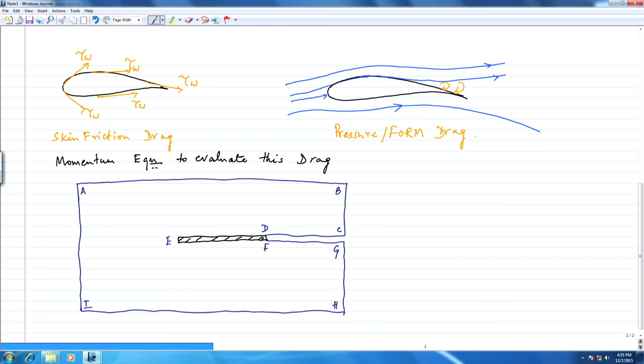By this time you know that AI is the inlet and BH is the outlet. So there is free stream which comes in. Okay, so I got that. So this is my velocity profile.